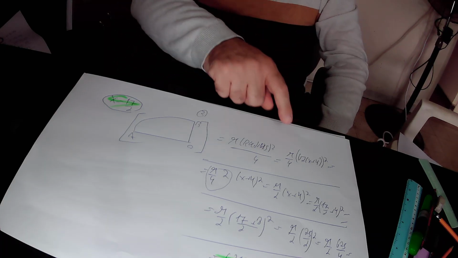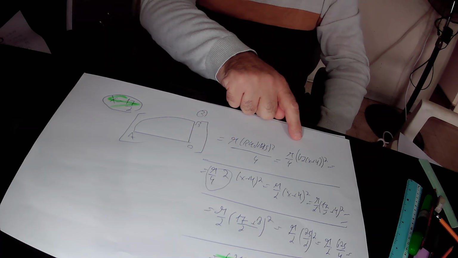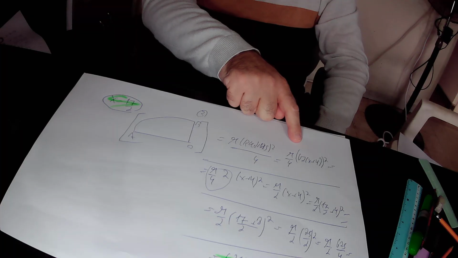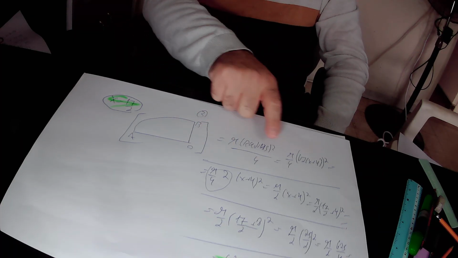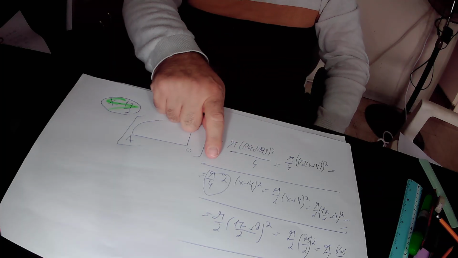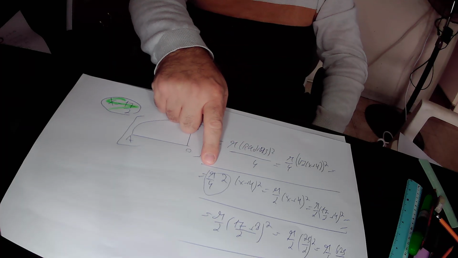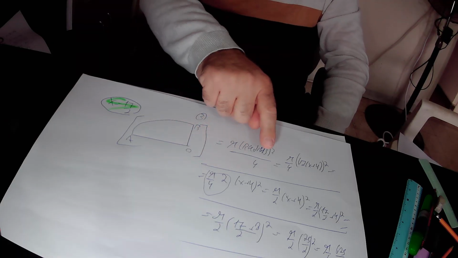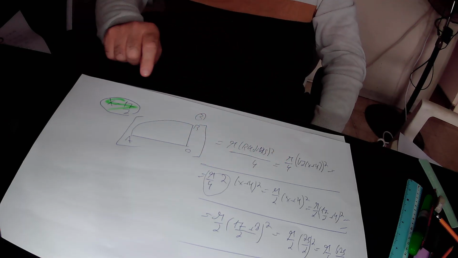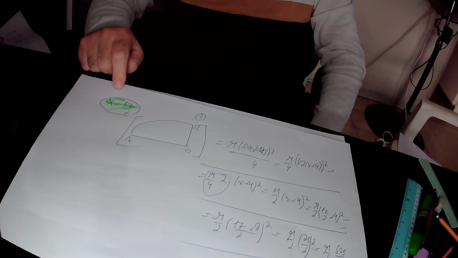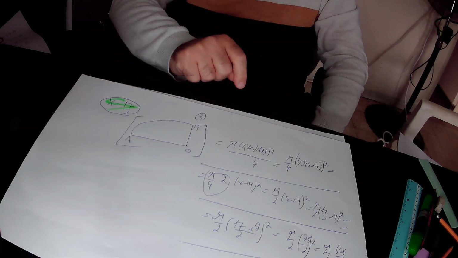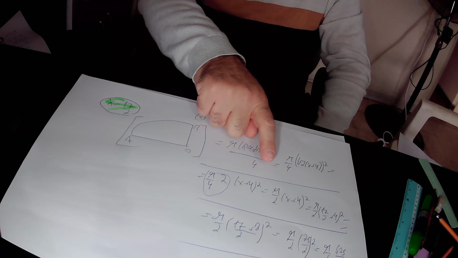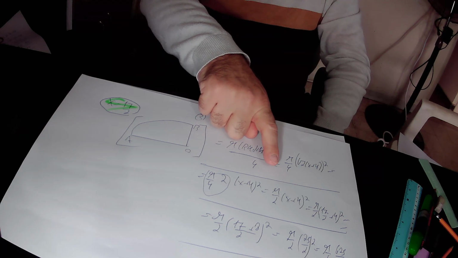So we have pi over 4. We open the brackets of this expression. Square root of 2 squared is 2, times (x plus 4) squared. 2 over 4 is 1/2, so in total this expression equals pi over 2 times (x plus 4) squared. We just found out that x equals 17 over 2. So we can substitute x by 17 over 2. So we have here pi over 2 times (x plus 4) squared.